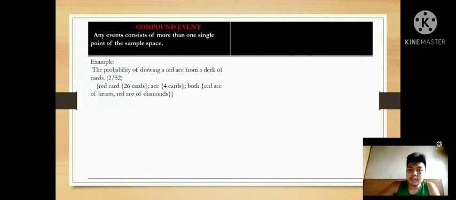Example, the probability of drawing a red ace from a deck of cards is 2 over 52. The red cards are 26 cards, the ace has 4 cards, then both the ace of hearts and the ace of diamonds make 2.